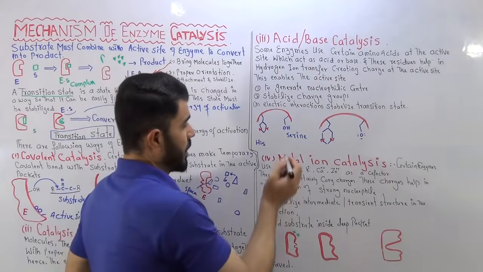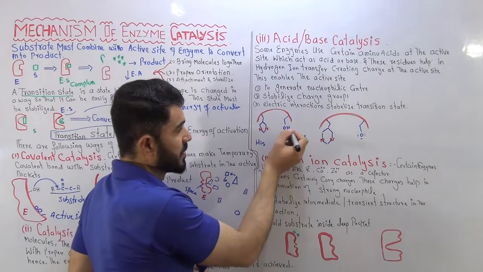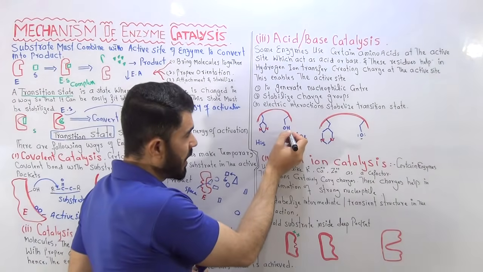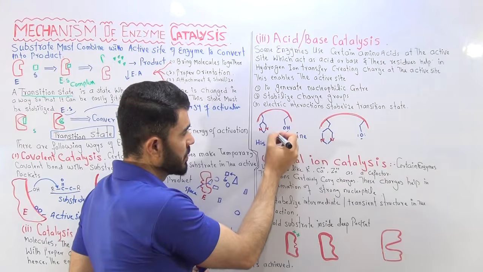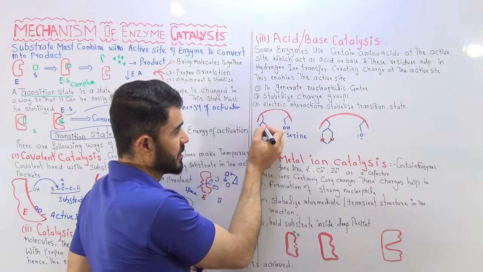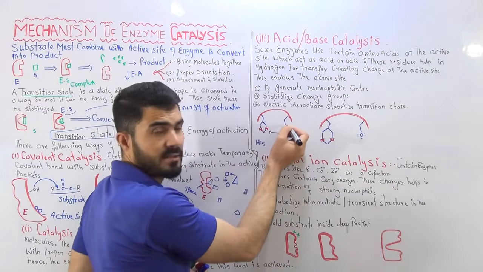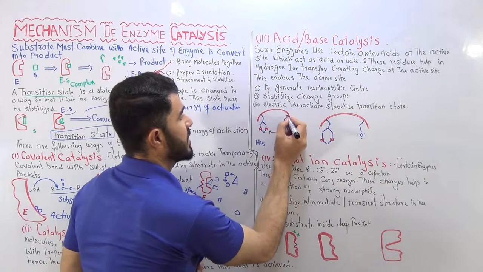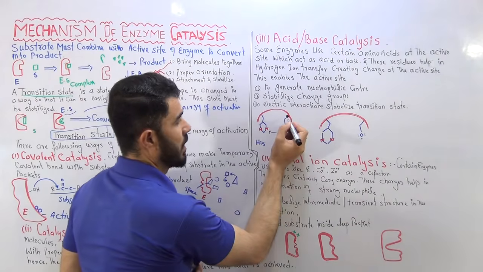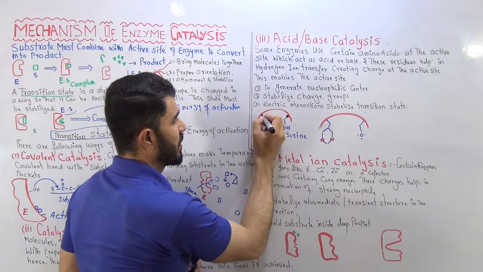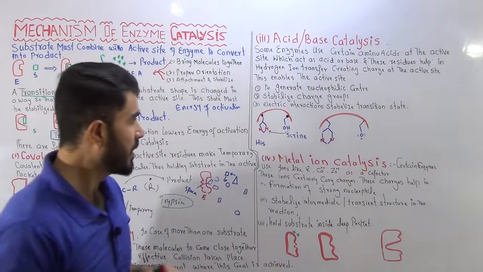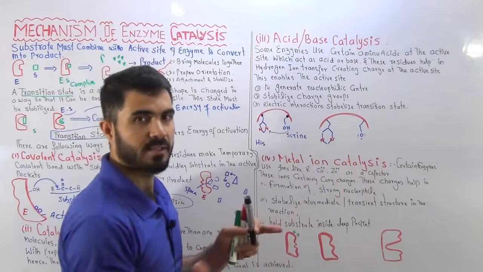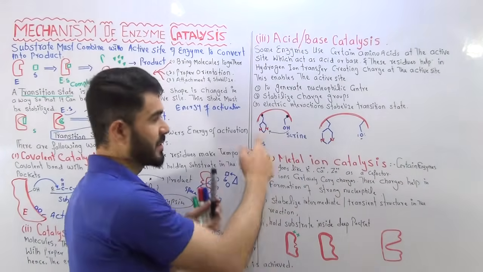If you see here, this is our serine. Serine contains OH. Serine can provide its hydrogen to histidine. This is histidine, an amino acid, and this is our serine. These amino acids are attached at the active site. The serine is able to provide its hydrogen to histidine.